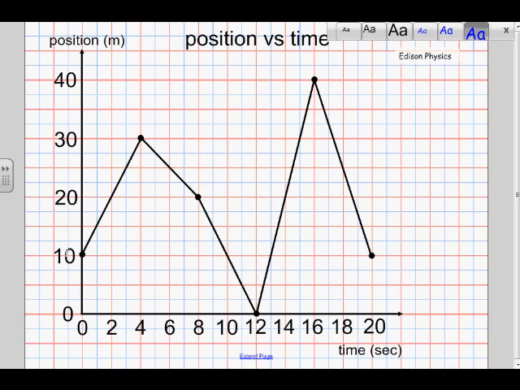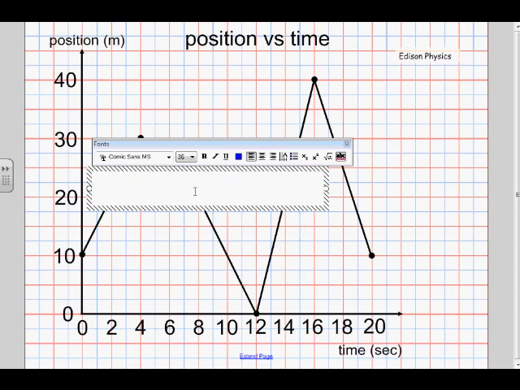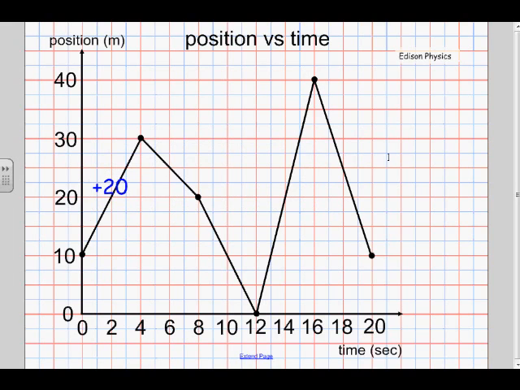Well, it looks to me like it starts at 10 meters and ends at 30 meters. So that would be up positive 20 meters. All right, so that part of the graph goes up 20 meters. That would be my distance traveled.